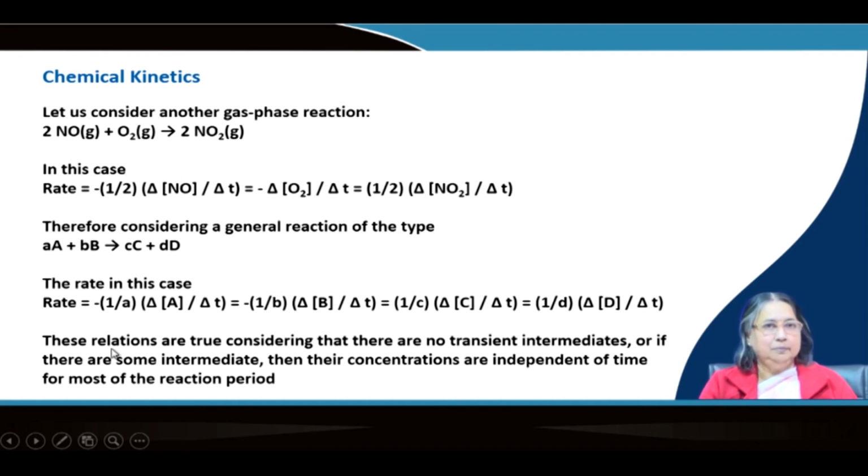But the important thing is that these relations are true considering that there are no transient intermediates, or if there are some intermediates, then their concentrations are independent at least for some time or most of the time period of the reaction. Otherwise this relation will not hold good.